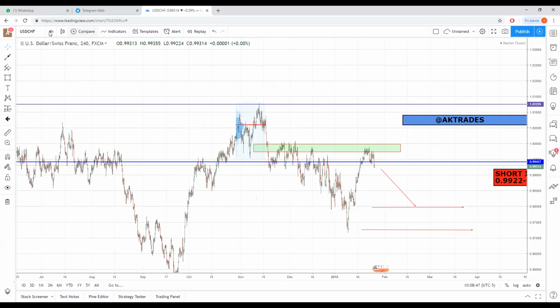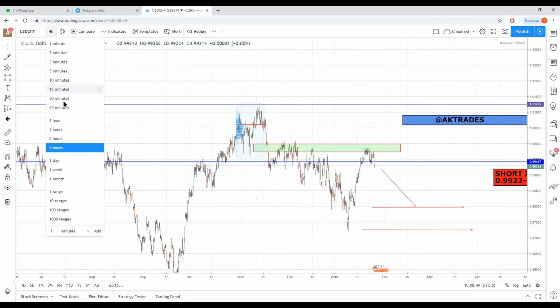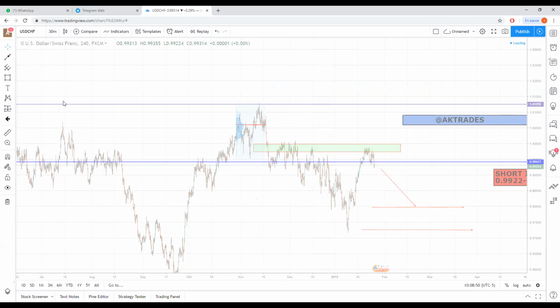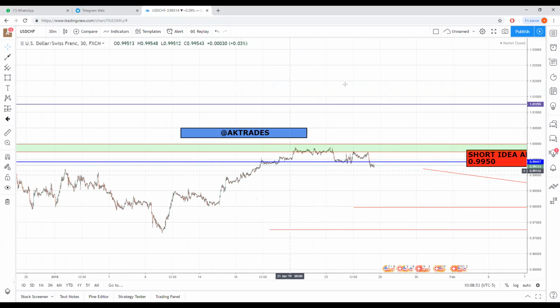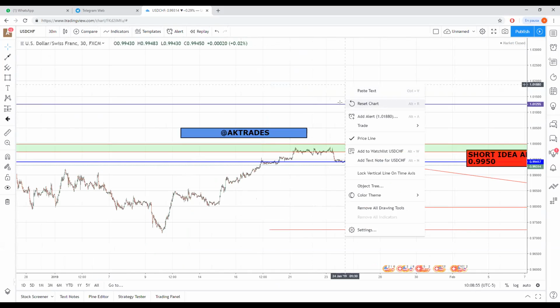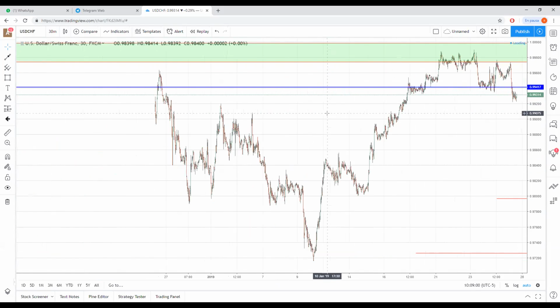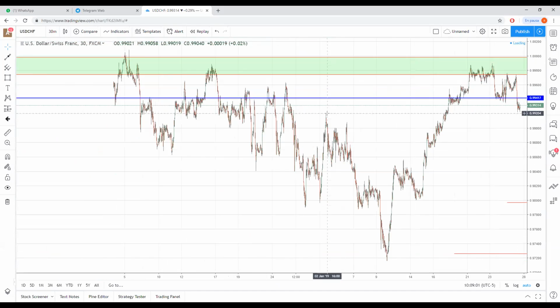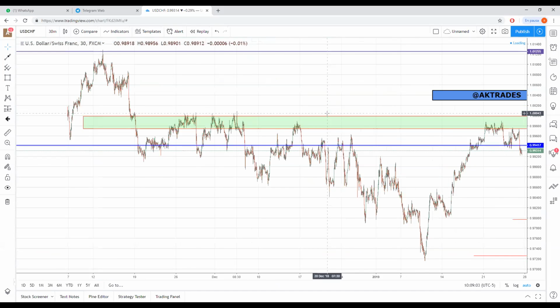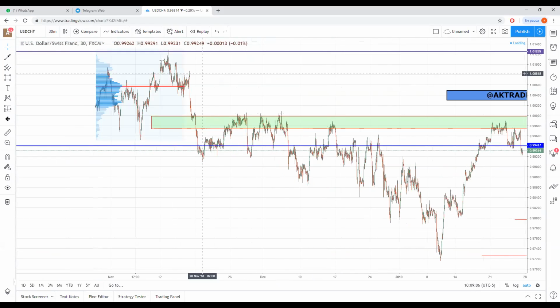But in my opinion, if we go down to the 30-minute chart, we can see what I was talking about: this accumulation occurs where people accumulated their selling positions.